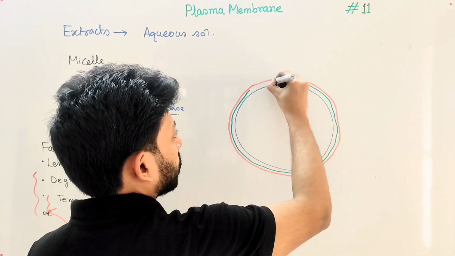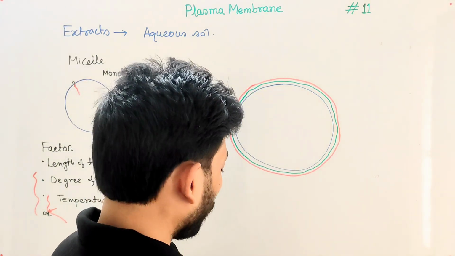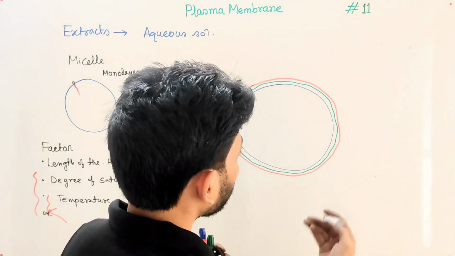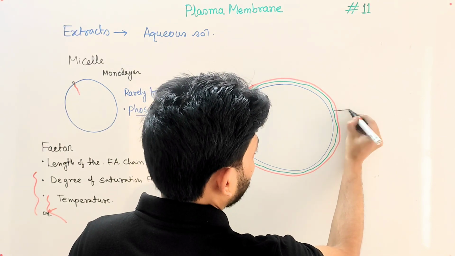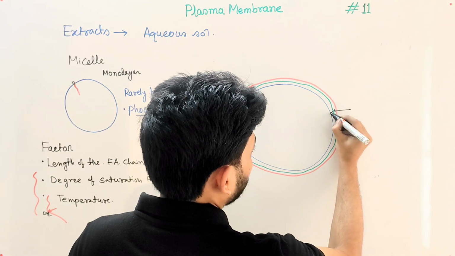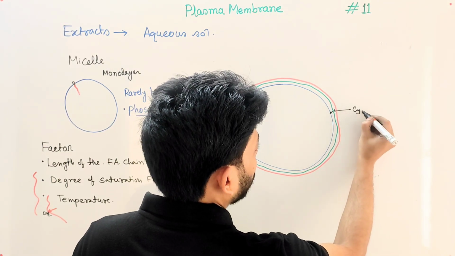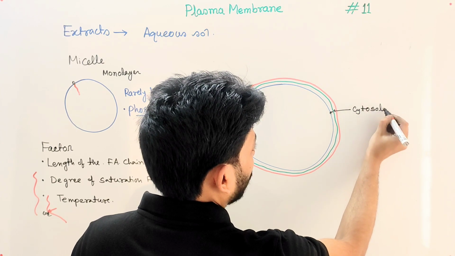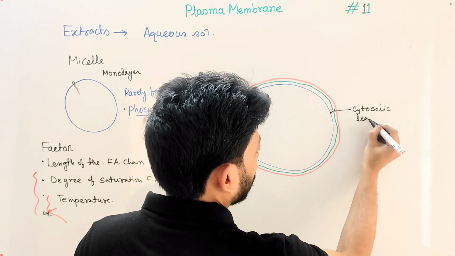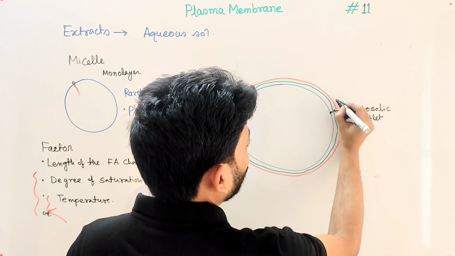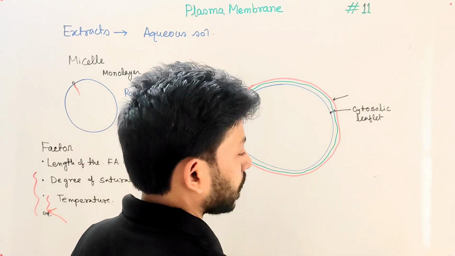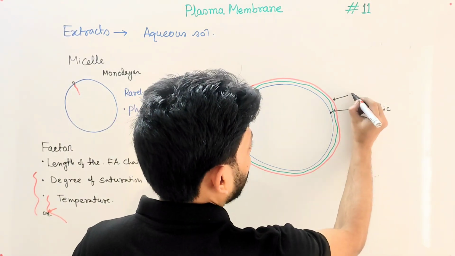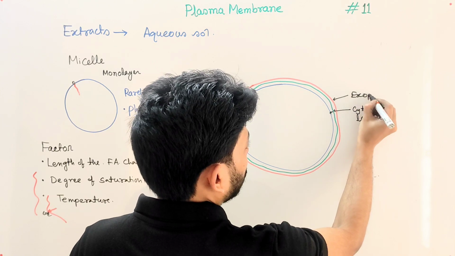It has importance. We call the inner layer of the plasma membrane, this green layer, which faces the cytosol, the cytosolic leaflet. And the outer layer of the plasma membrane is called the exoplasmic leaflet.